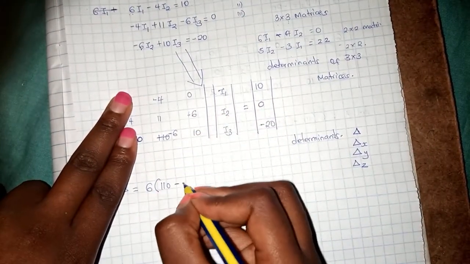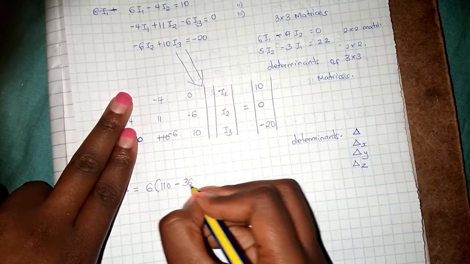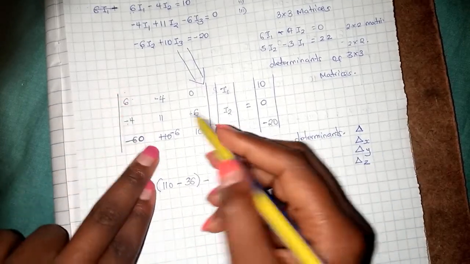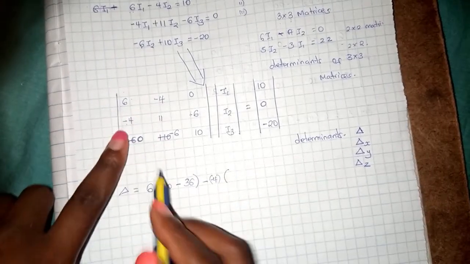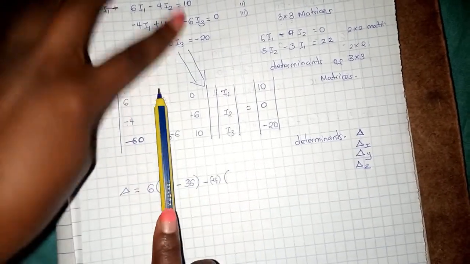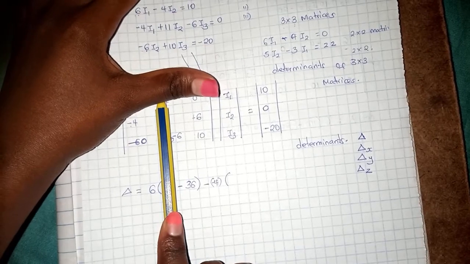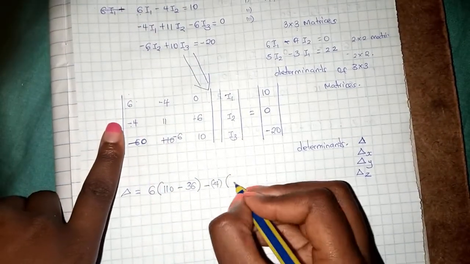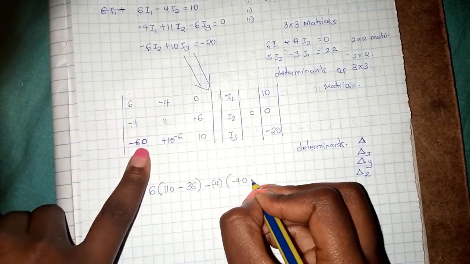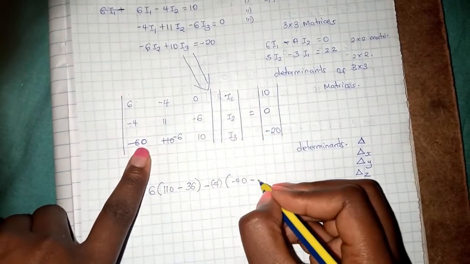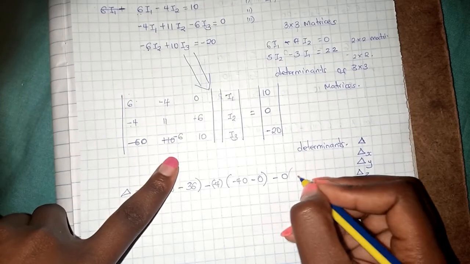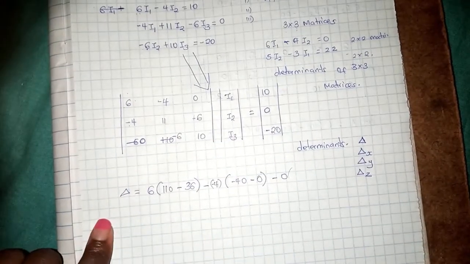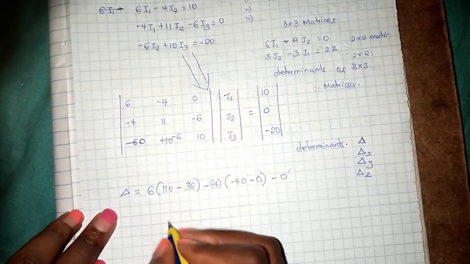So it's minus 36 minus, this is -4 into, cover this and cover this. So we have 40, -40. This is 0 minus 0. Anything 0 into any bracket is always 0, so we don't even have to write it.